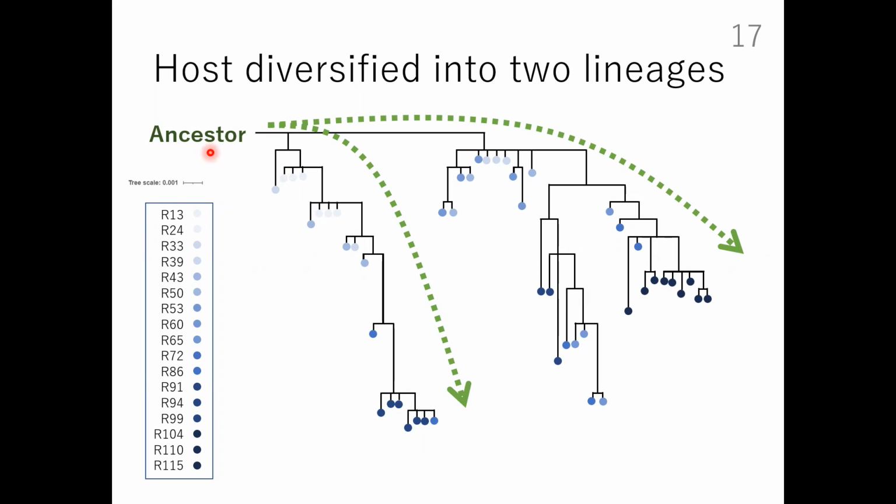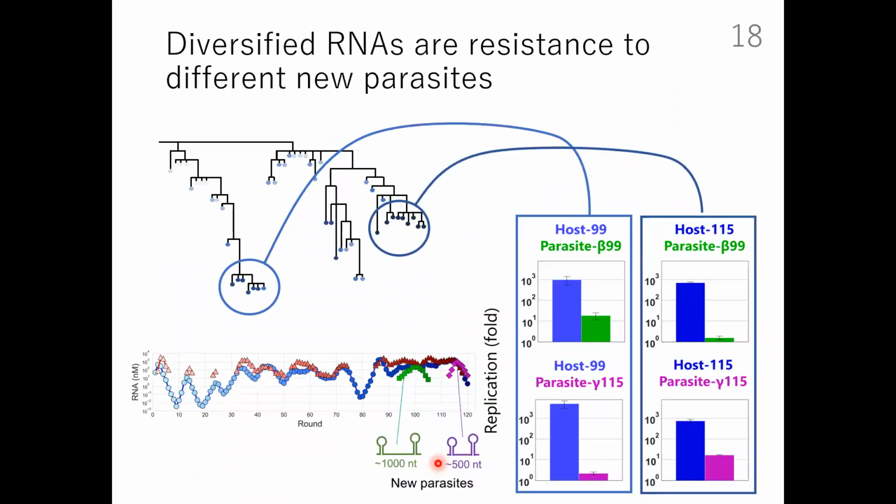And I think that this is caused by the different resistance of each branch to different parasites. To test this, we performed a competition experiment using one of the RNAs on this branch and one of the RNAs on this branch, mixed with the 2 types of parasites that appear in the later stage, the green large one and the purple middle one.